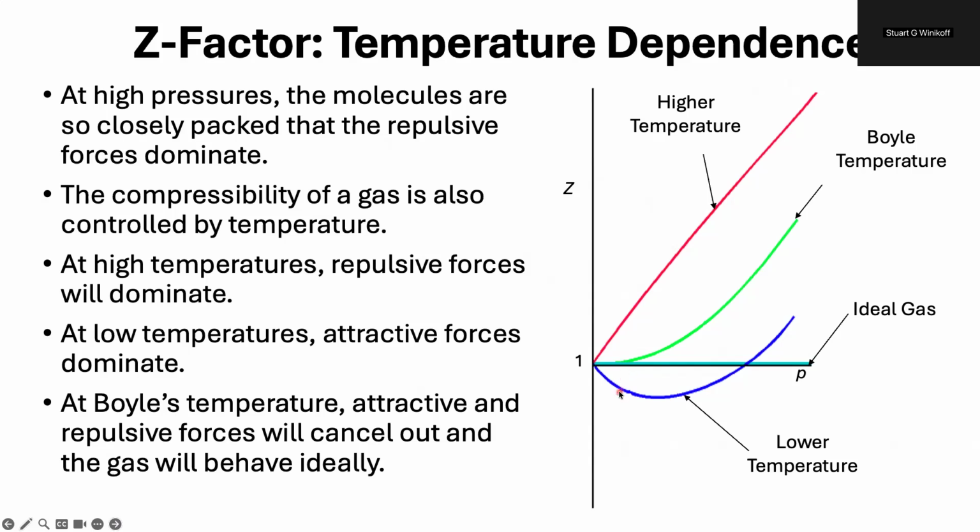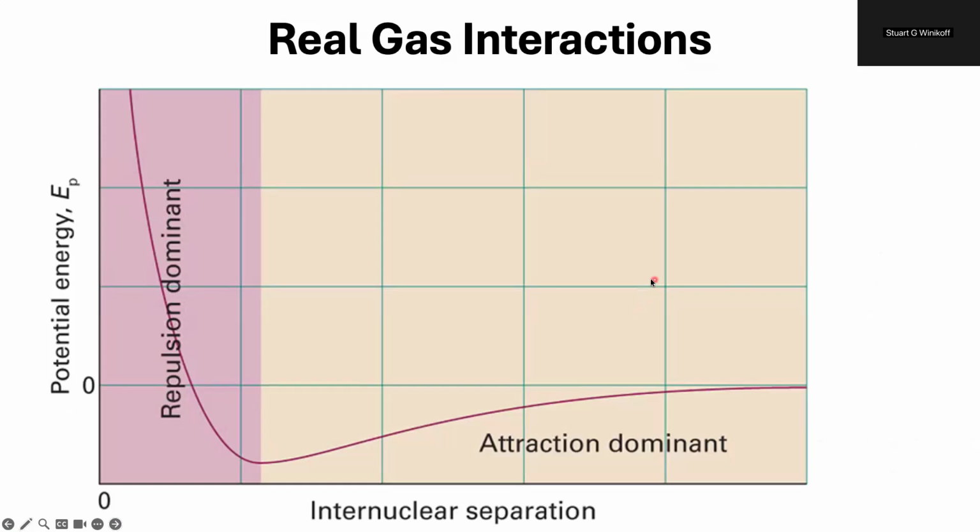So now we've got an idea that we've got this weird mix of attraction and repulsion, and it depends upon three key things: the identity of the gas, the pressure, and the temperature. Now, one of the ways we can really examine when each of these cases will dominate is to actually look at how gases interact.